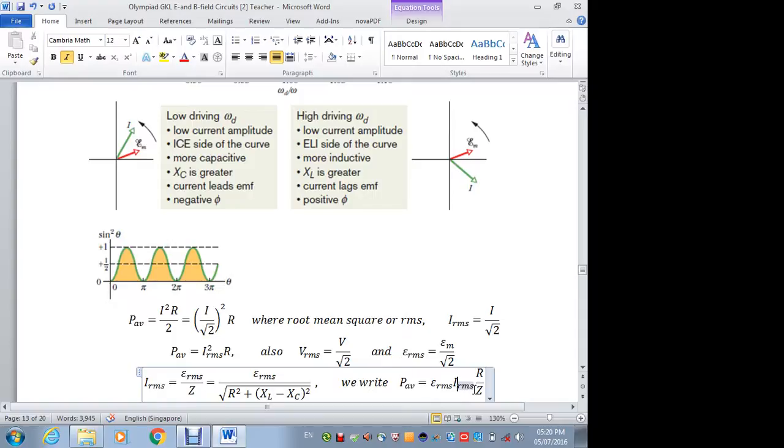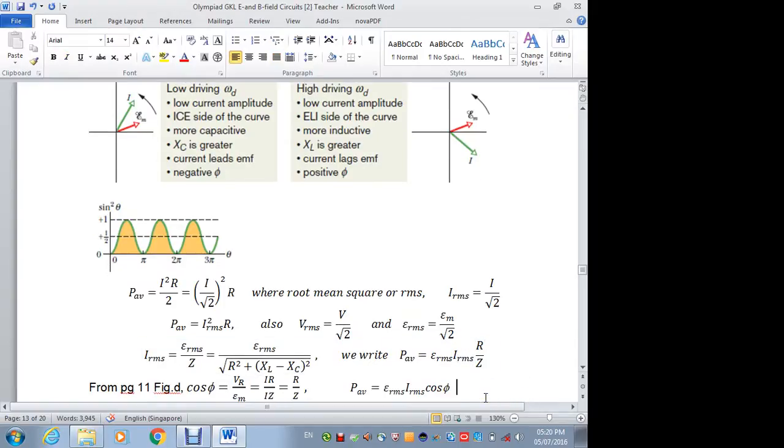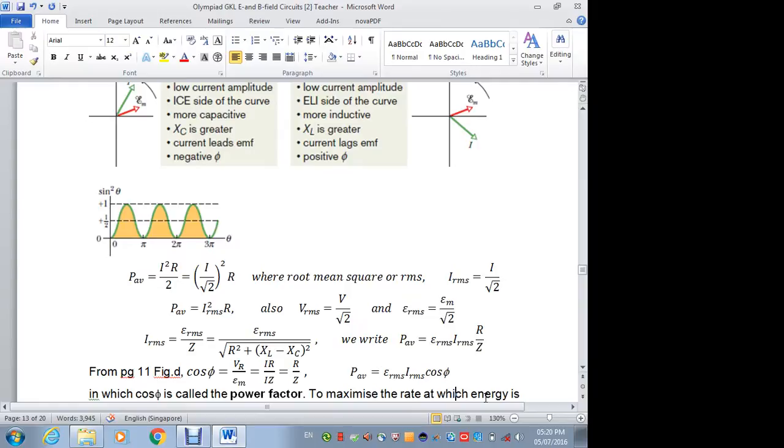If Z is equal to R, then the power factor will be 1. Otherwise, that is the general formula: P average is E root mean square, I root mean square, R over Z.